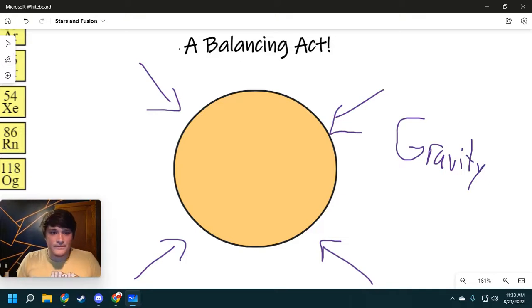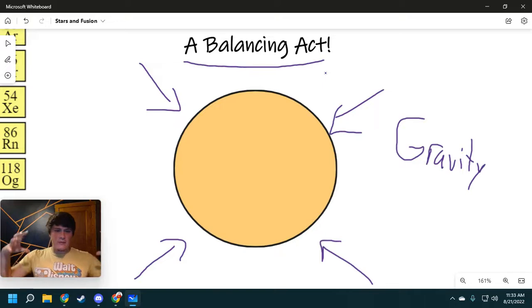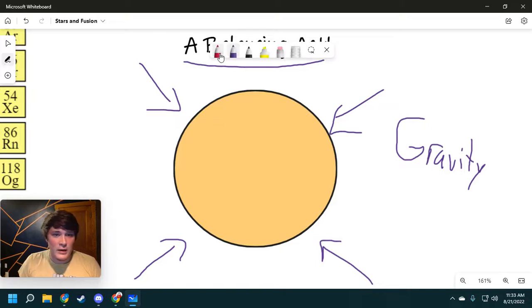And like I say here, this is a balancing act. So right now we have gravity that's pushing in on the star. It's like a water balloon. It's trying to pop this star. Gravity is pushing in on it. But inside the star is this nuclear fusion happening.